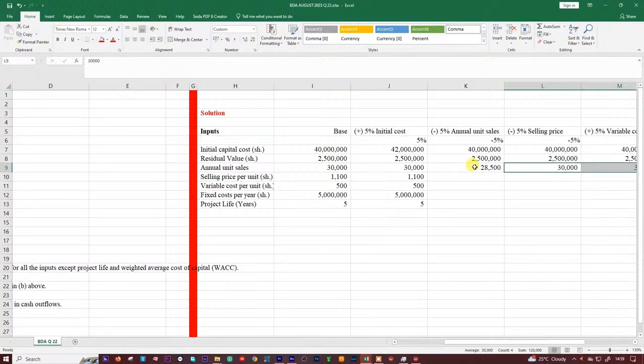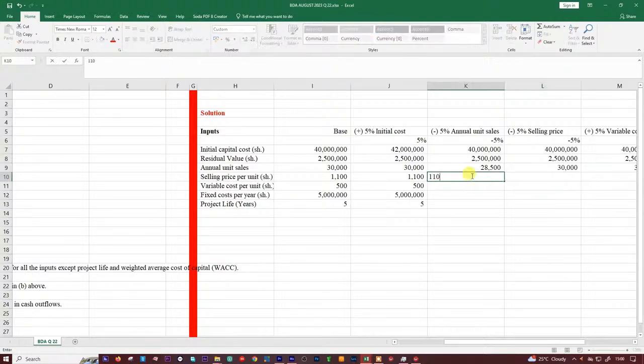Next item is the selling price per unit. So what would change? So selling price per unit, this is what is going to change. That one is the one that's going to change. So here we are saying it remains at 1100. So here it's just going to be that, because it has already changed.